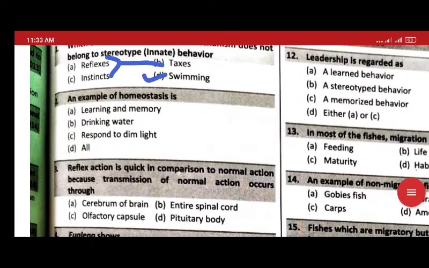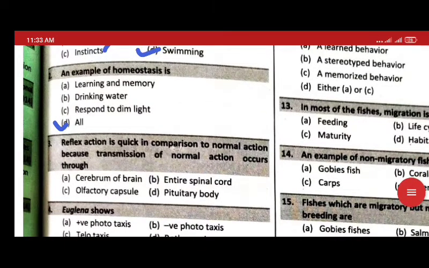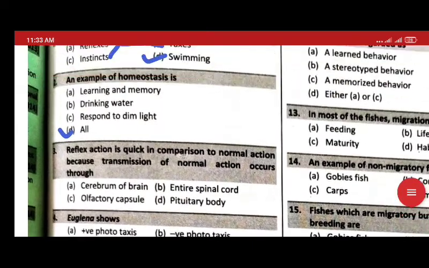Second number, example of homeostasis. Homeostasis means balancing. So all is the right option because learning and memory, drinking water, response to dim light are all homeostasis functions. We perform homeostasis only due to our reflex action.